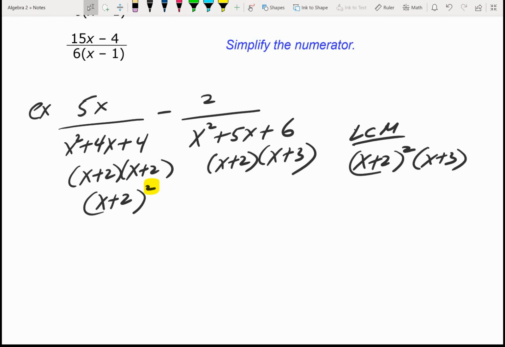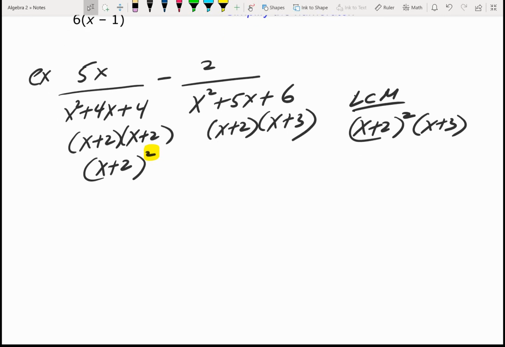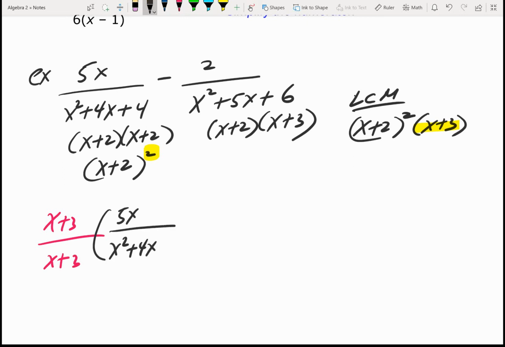Okay, so if I were to do the example here, what factor am I missing out of the first fraction? Well, I'm missing the x plus 3, so I'm going to multiply the first fraction by x plus 3. So this is going to be 5x over x squared plus 4x plus 4.